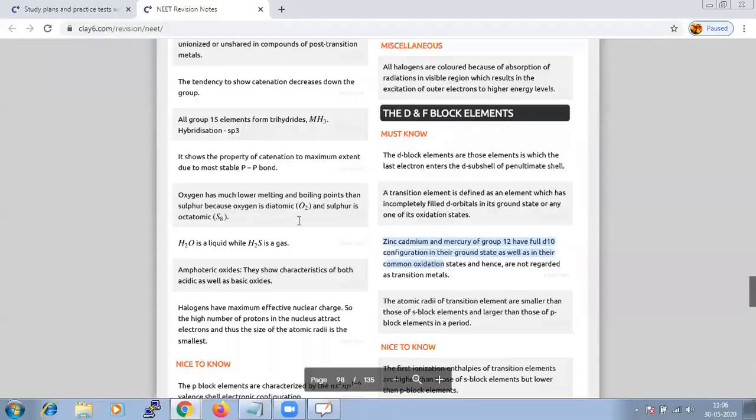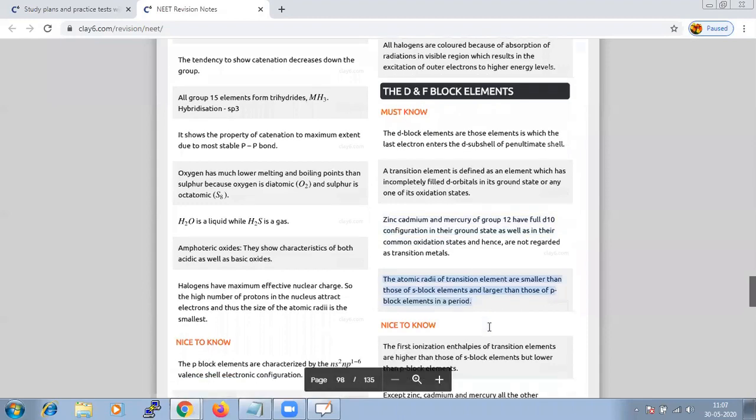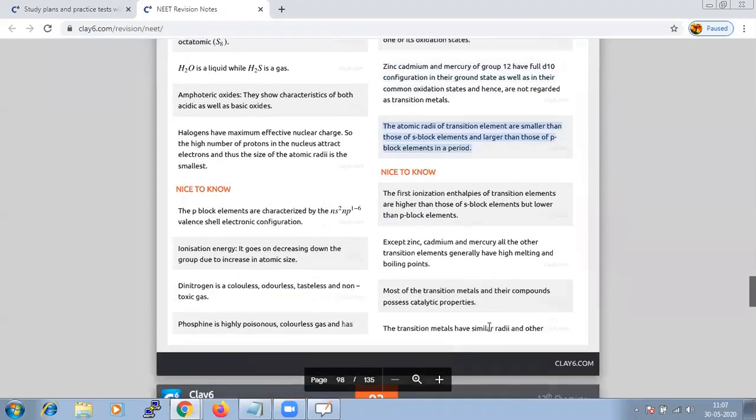There are certain important points we should keep in mind from d block elements before I move to f block. The atomic radii of transition metals are smaller than those of s block elements, but larger than p block elements in a period. The first ionization enthalpy of transition elements is higher than that of s block elements, but lower than that of p block elements.